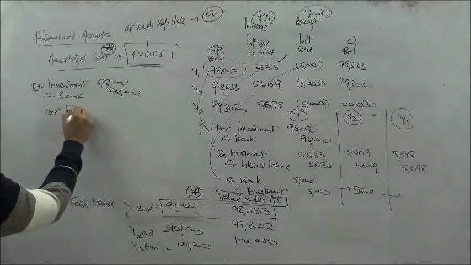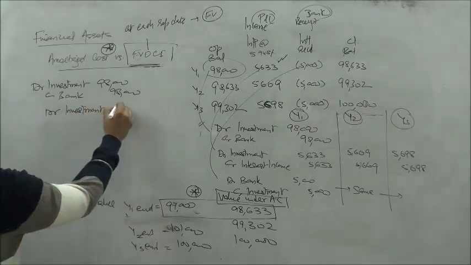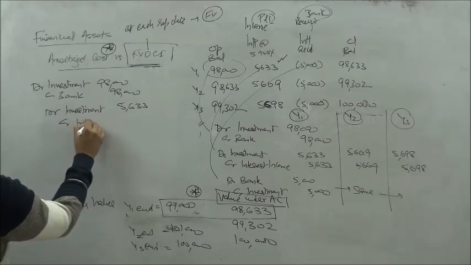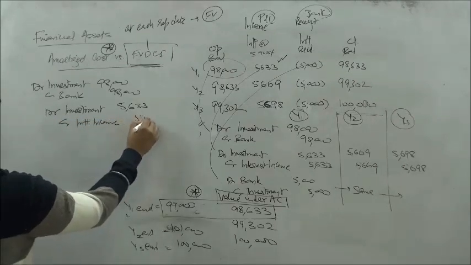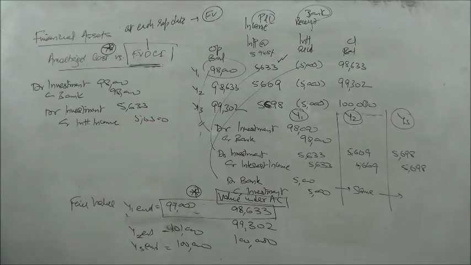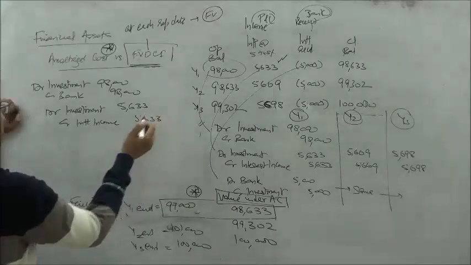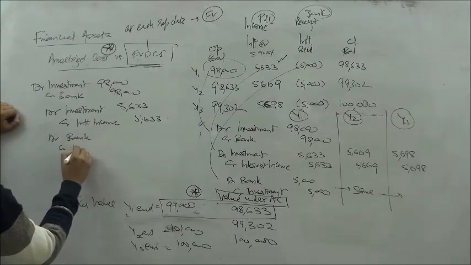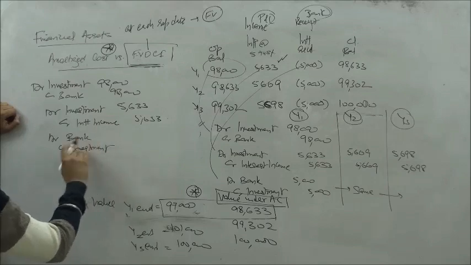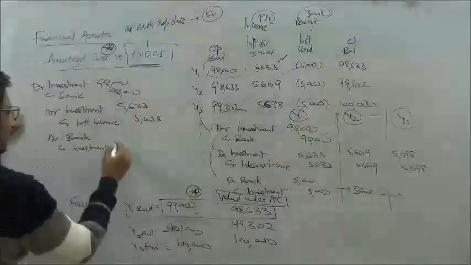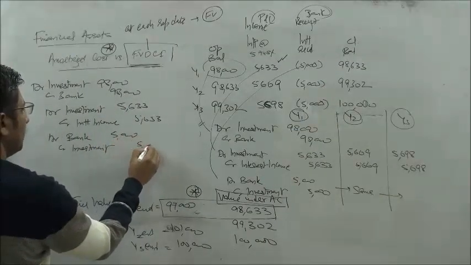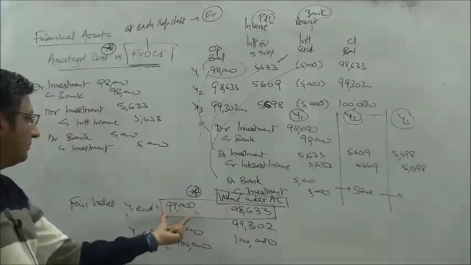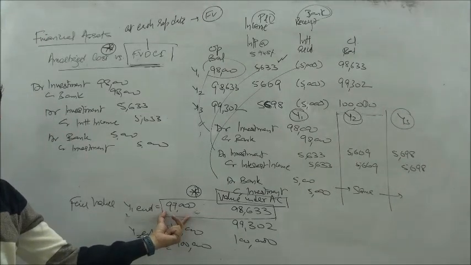Okay, then I'm saying that debit investment 5633, credit interest income 5633. Okay, and then I'm saying that debit bank credit investment. So this is going exactly the same way, which is 5,000, but against this 98,633 I'm supposed to show this value at 97,000. That means what?